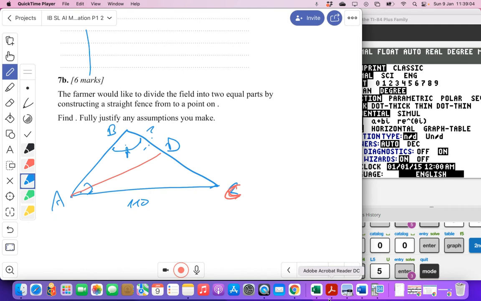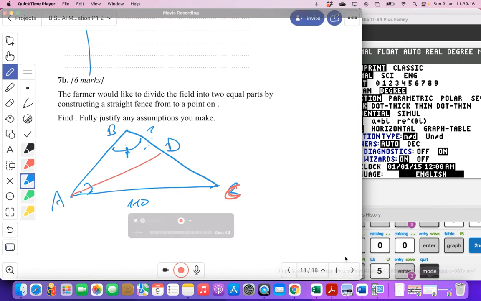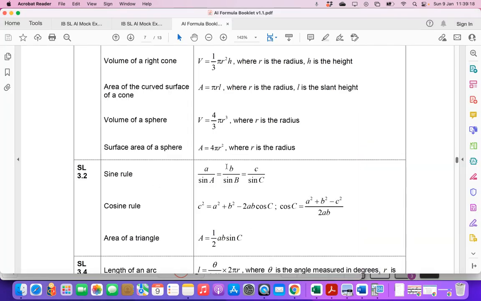I need to find that opposite length by using the cosine rule. So go back into the cosine rule and tell me what the length BC is. Cosine rule here. So BC squared is going to be equal to, again, those two sides were 85 and 110.